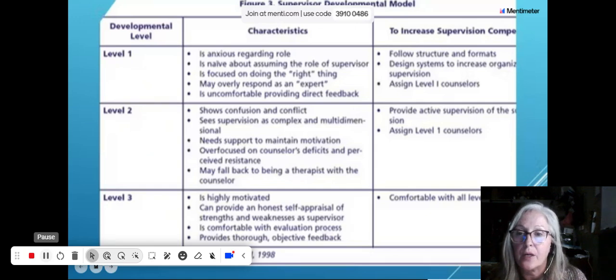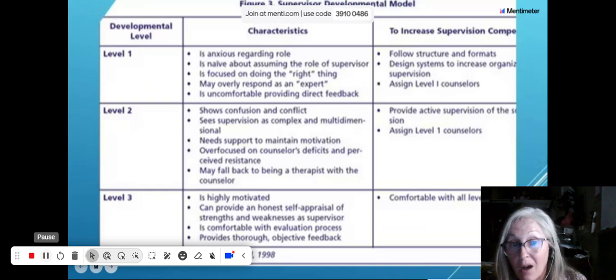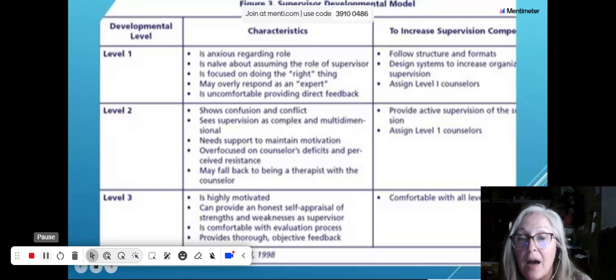And I think I already went over the levels. It's still worth noting, though, on some of these, I hit a lot of this, but I'll hit the stuff I didn't already. Sometimes you have to be really careful when you're a new clinician, that in level 1, you can respond too much as an expert because you feel maybe that you know a lot, and that's not maybe the best response.